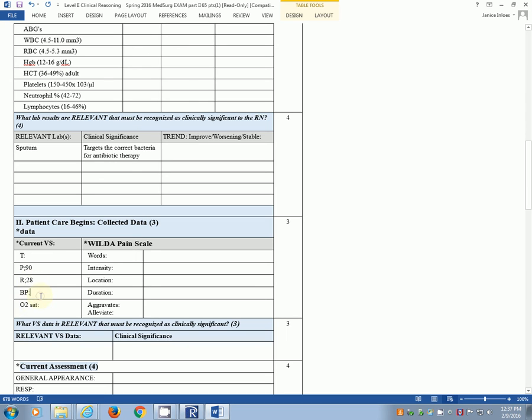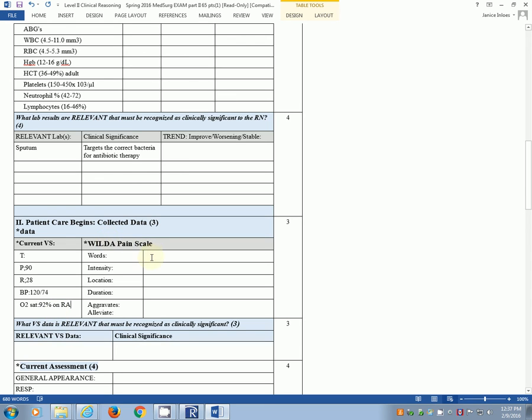And her blood pressure was 120/74. Our O2 sat was 92%. And when you're writing in O2 sats, be sure that you're saying whether it's on room air. Hers was on room air.